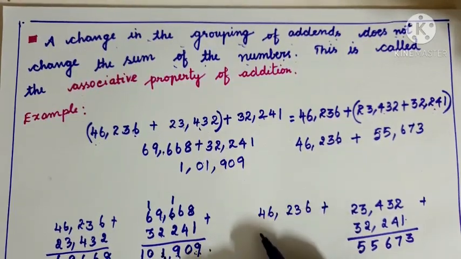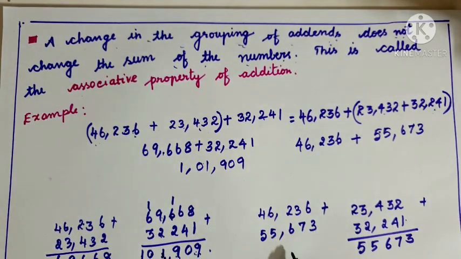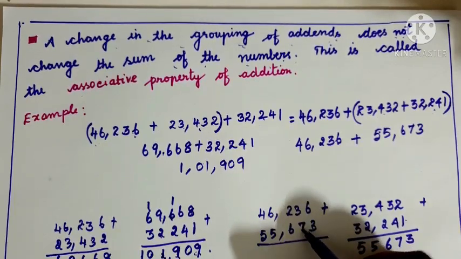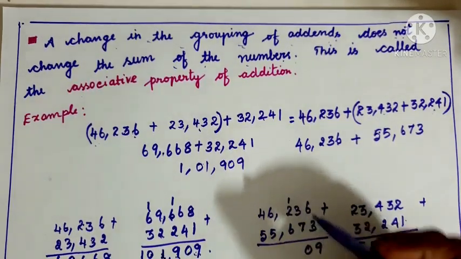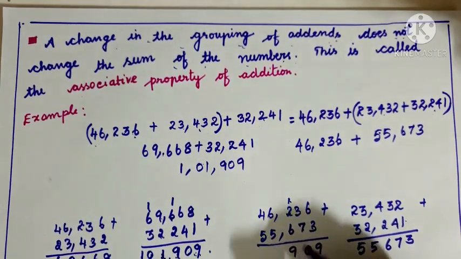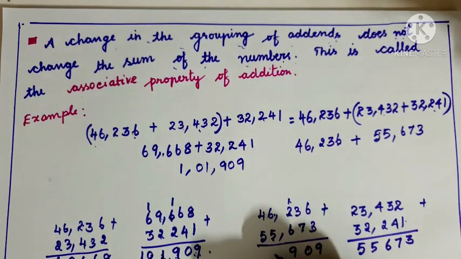What do you get? 46,236 plus 55,673. When I add, what will you get? 6 plus 3 is 9. 3 plus 7 is 10. Carry over 1. 1 plus 2 is 3. 3 plus 6 is 9. 6 plus 5 is 11.